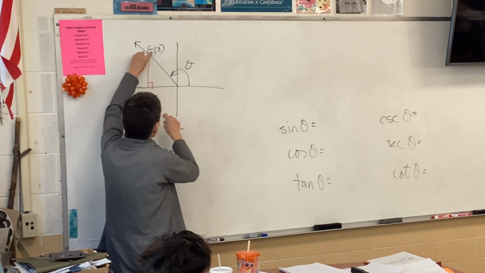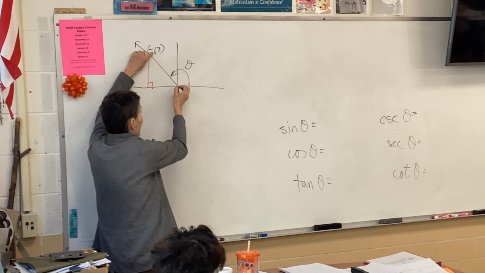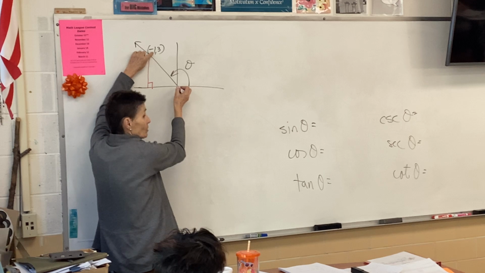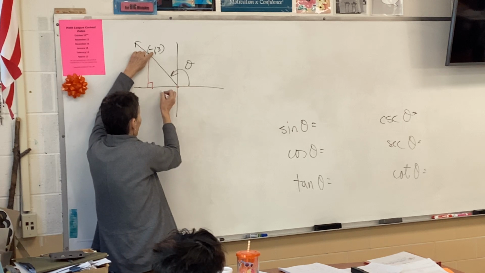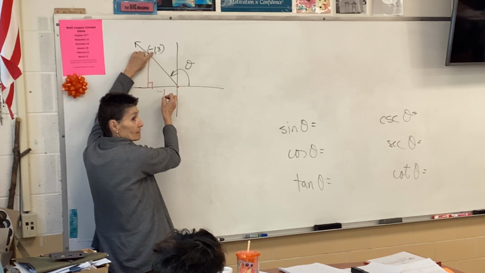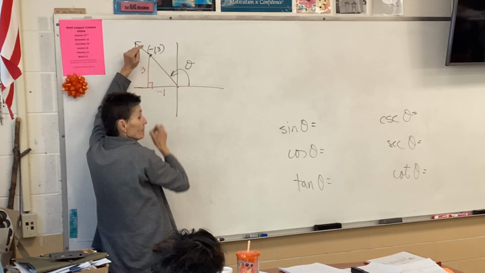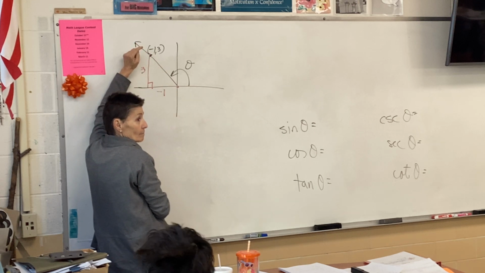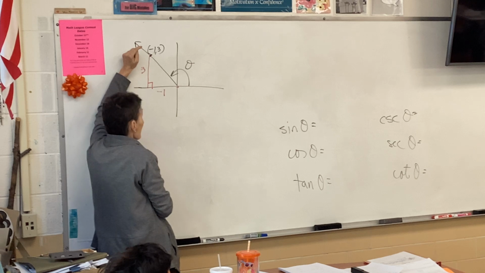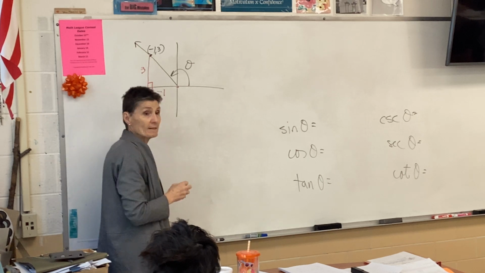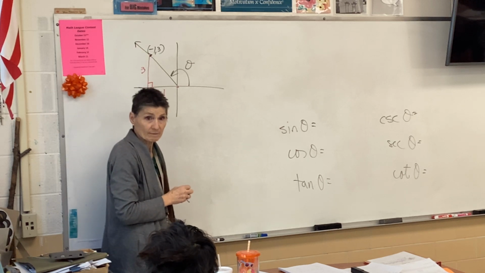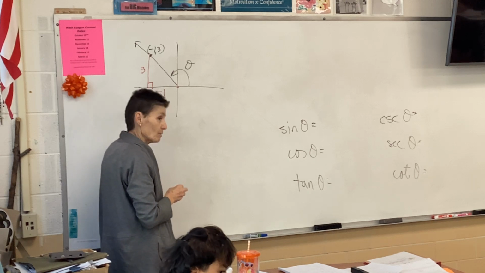So remember, that's the point negative 1, 3. That means this is the origin. We went left 1 and up 3. And then I should be able to find the missing side, Pythagorean theorem.